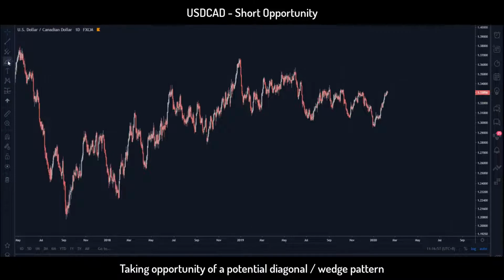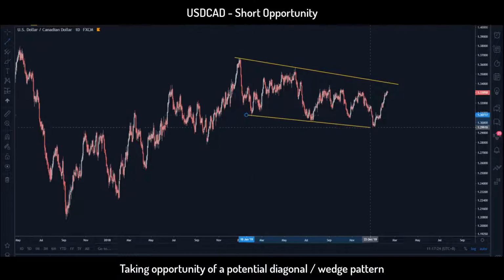From here, I see that this entire move is what I term as corrective, meaning the whole development of price is slow and it's not moving in a very strong particular direction. What I usually do is add in some trend lines to give me a framework to visually help me understand what's happening in the financial charts.